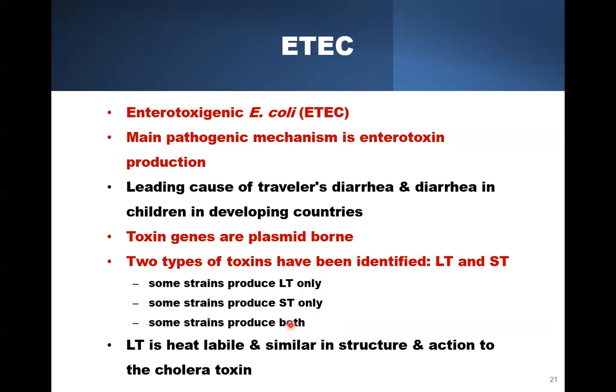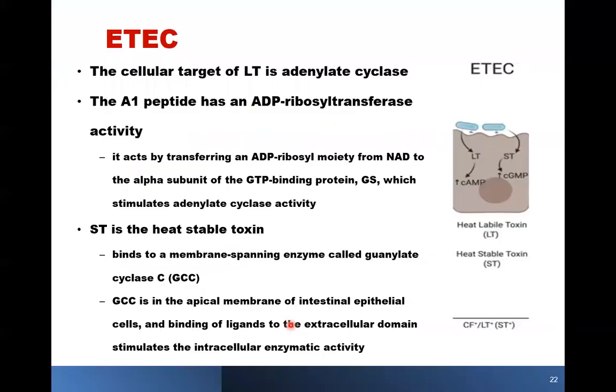The heat-labile toxin is similar in structure and action to the cholera toxin. So remember what the cholera toxin does. We have the A and the B unit. Remember, the B unit is for binding. The A unit has the catalytic function that increases intracellular cAMP, okay?